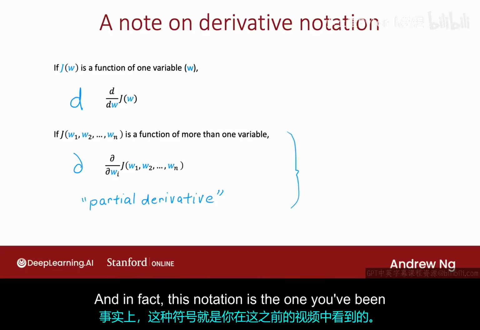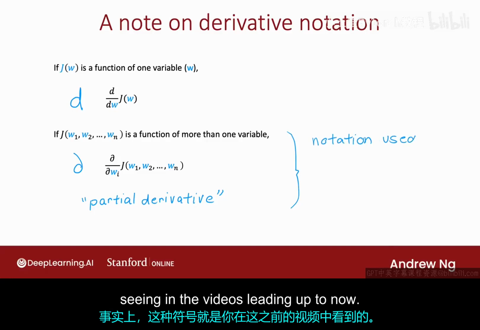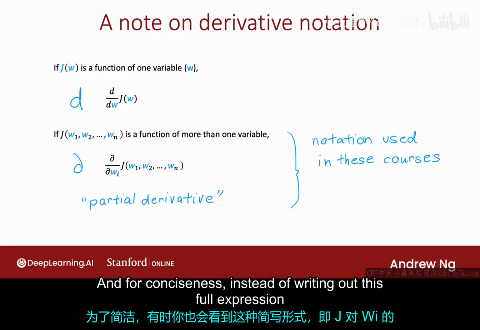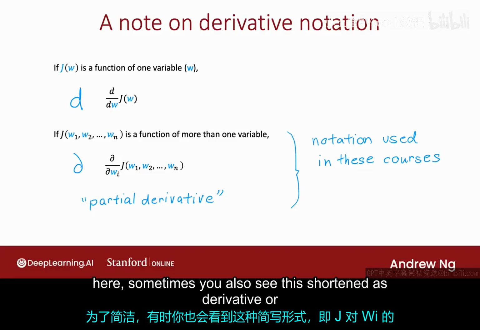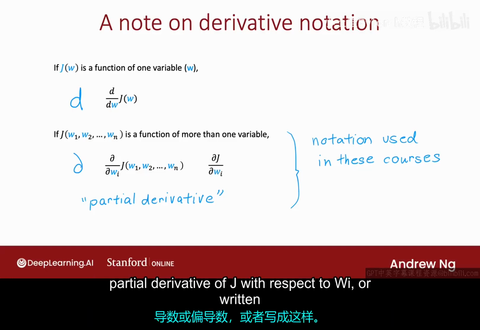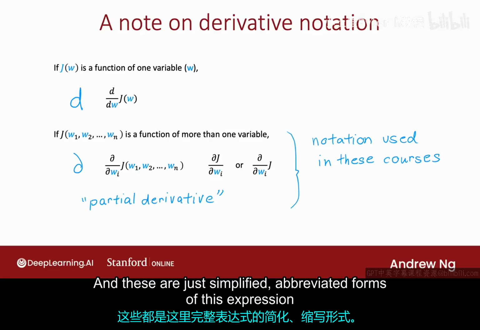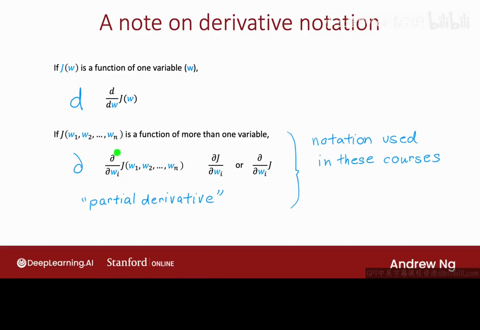And in fact, this notation is the one you've been seeing in the videos leading up to now. And for conciseness, instead of writing out this full expression here, sometimes you also see this shortened as the derivative or partial derivative of j with respect to wi, or written like this. And these are just simplified, abbreviated forms of this expression over here.